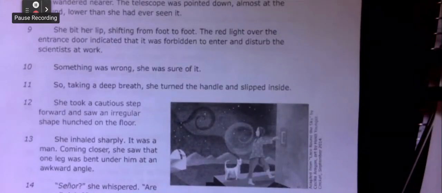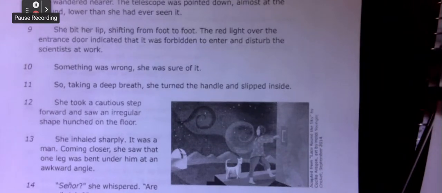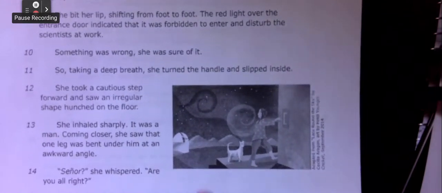She bit her lip, shifting from foot to foot. The red light over the entrance door indicated that it was forbidden to enter and disturb the scientists at work. Something was wrong, she was sure of it. So, taking a deep breath, she turned the handle and slipped inside. So there we see her slipping inside.